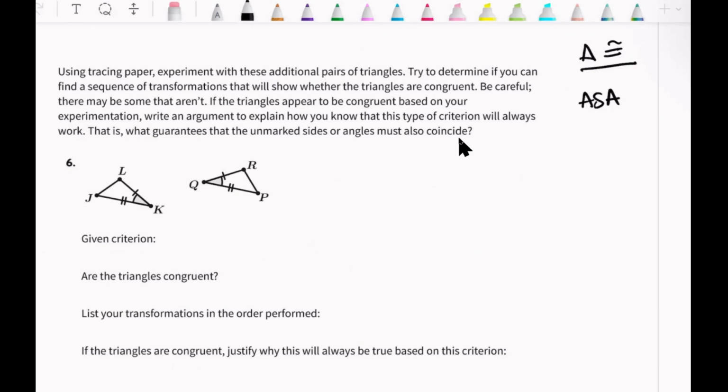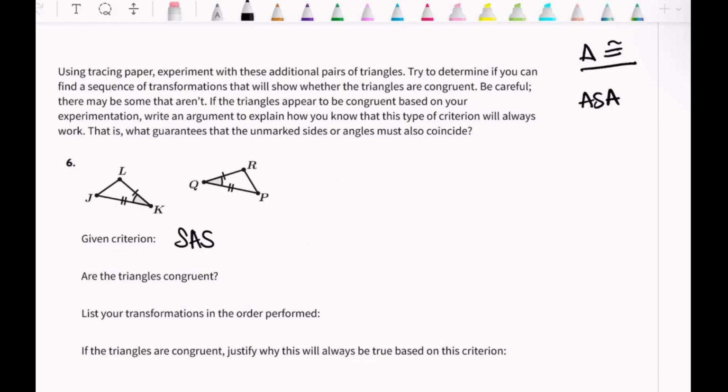For this one right here, first list out what they gave you. What's the given criteria? You see it's a side, so go ahead and write that criteria out. This one is going to be called SAS.